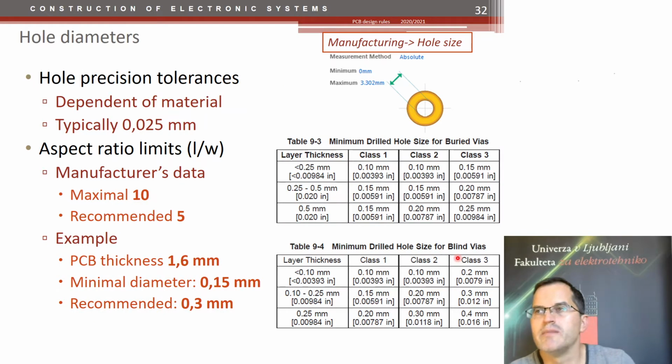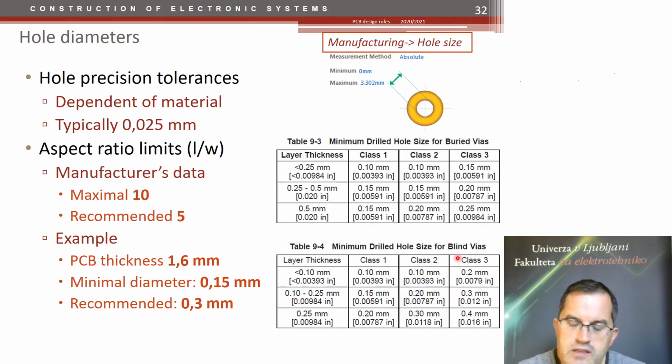Okay, what about hole diameters? Well, there are some tolerances of the spindles of the tools, and these are typically 25 microns. And the problem of drilling holes actually is the tool itself. You cannot have a very long and very narrow tool. You can imagine a very long and narrow tool would just break.